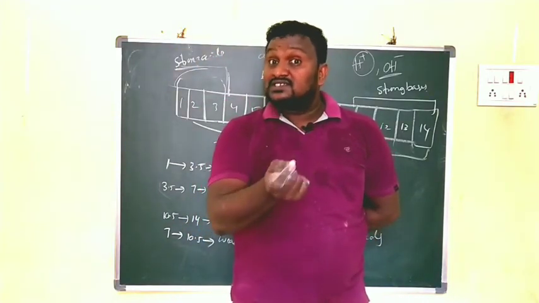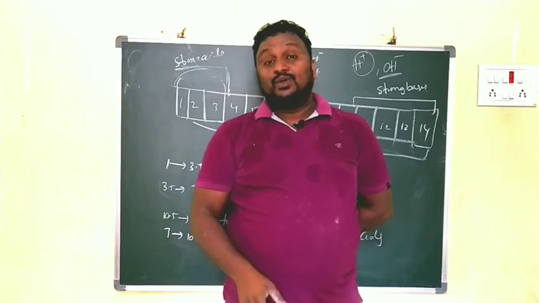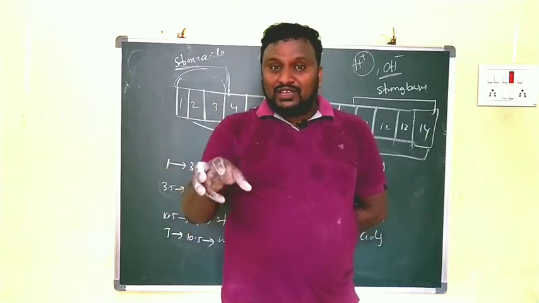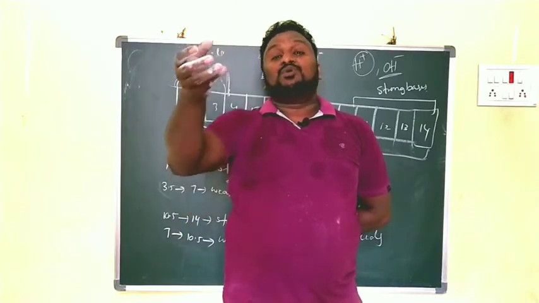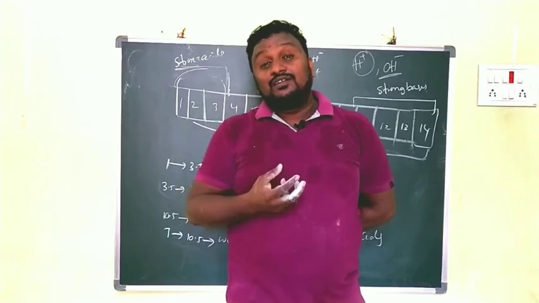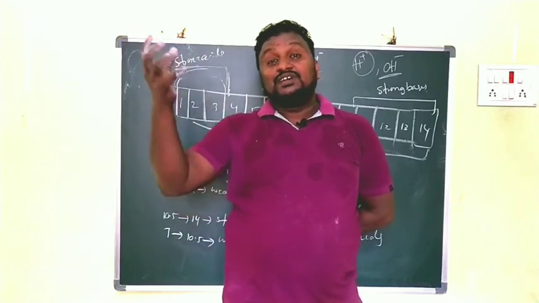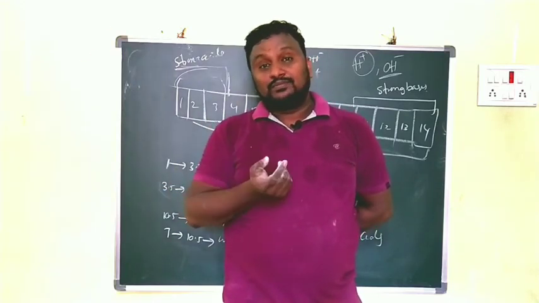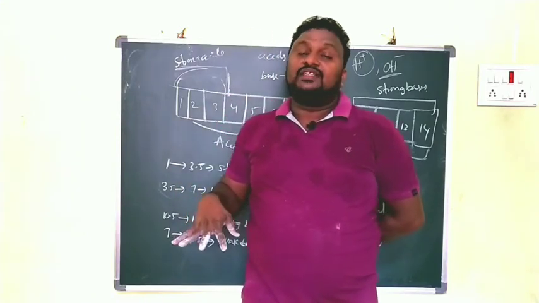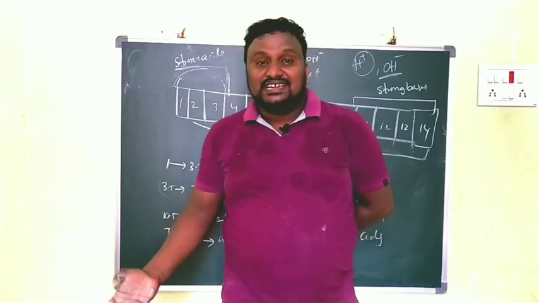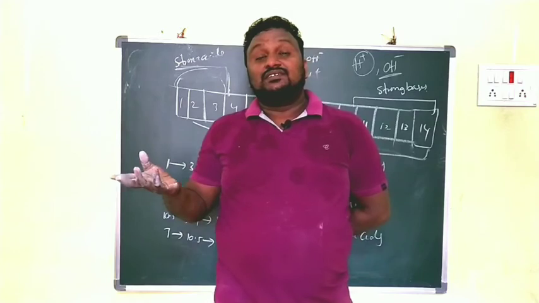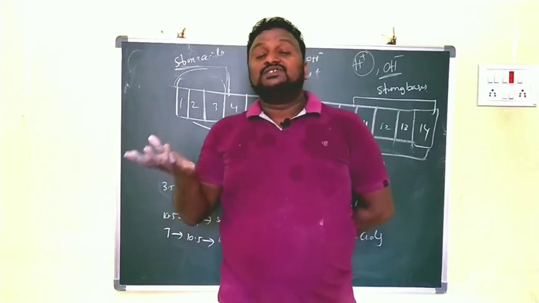That is called a strong base. Weak base means that H plus ions are also more, and a weak acid means OH minus ions are more. So using the pH scale, we can decide whether an acid is strong or weak, and whether a base is weak or strong, children.